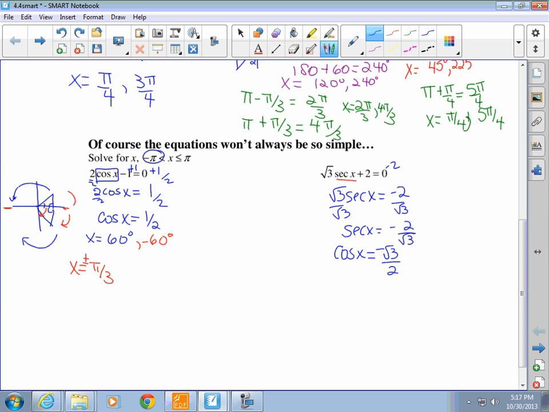So that means it's going to be that 30 degrees. And actually this one I don't even need to do degrees, because my restrictions were in pi, I should just be using pi. So x is equal to pi over 6.